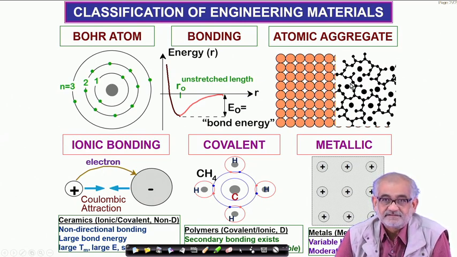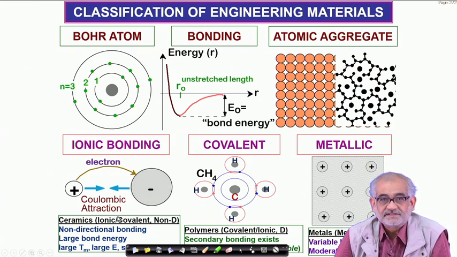And the lack of that gives rise to this aperiodic or non-crystalline aggregate. Now, whether it is crystalline or amorphous, all these solids can have atom to atom bonding in three possible ways. One is when the electrons are transferred from one species to the next. So the cation donates electron to the anion, and in turn, what we have is called ionic bonding.